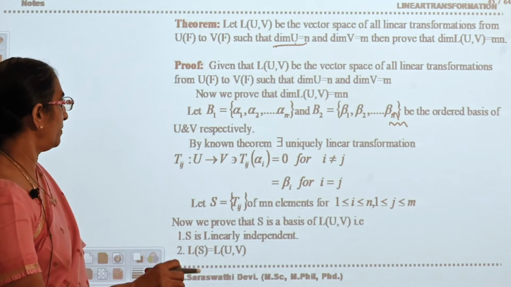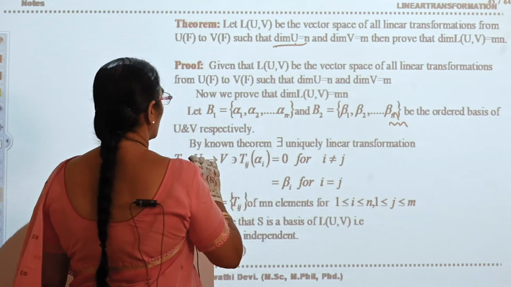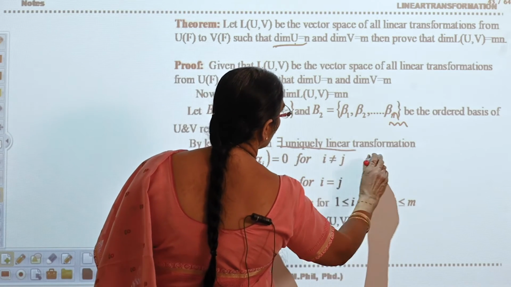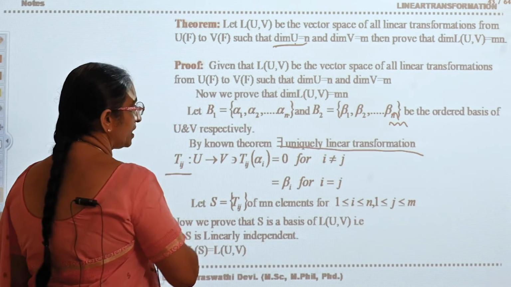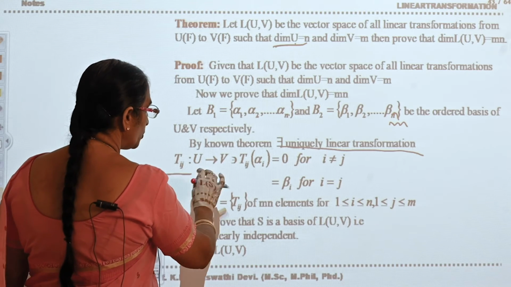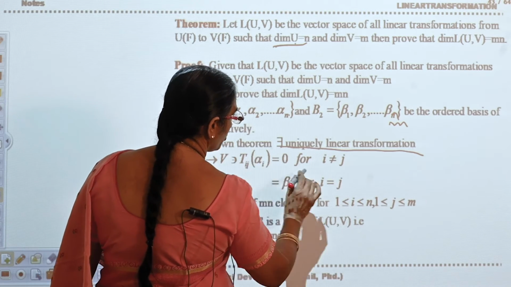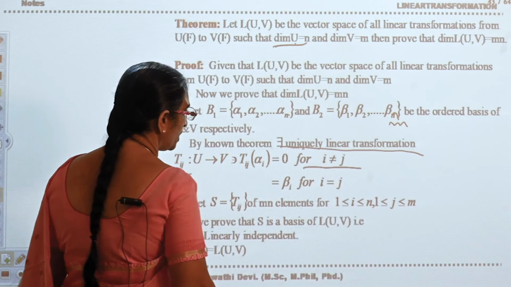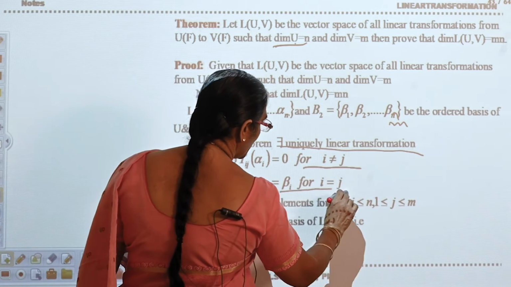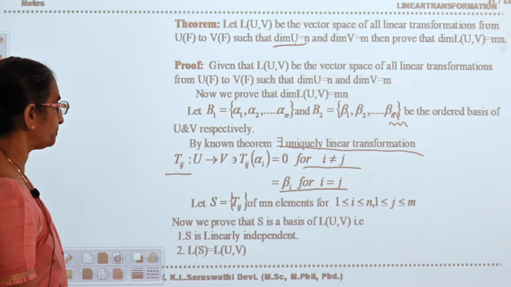According to that theorem, we can say that there exist unique linear transformations Tij from U to V such that Tij(alpha k) is equal to 0 for i not equal to j, and it is equal to beta i for i equal to j.